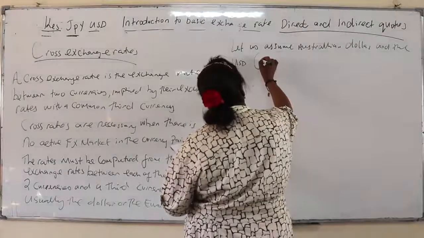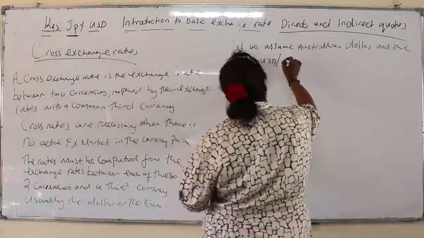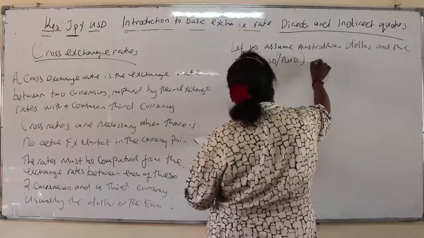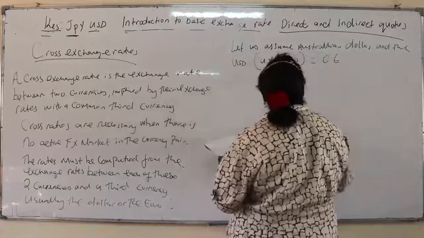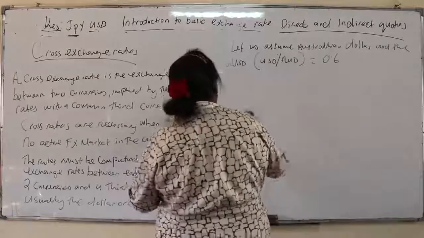So we can say that the US dollar per Australian dollar is equal to 0.6.